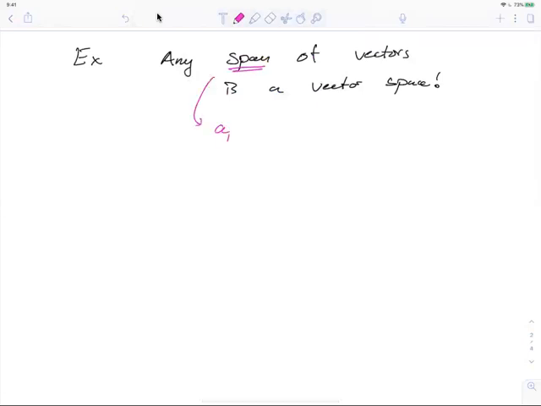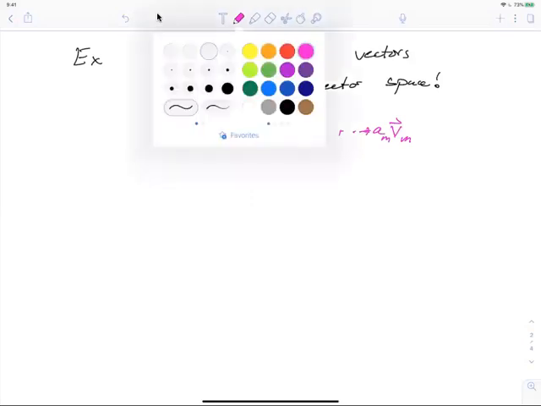I can take A1 V1 plus A2 V2, and so on. If I have any vectors, then any combination of them, any sum of multiples of them is going to be in the span. So algebraically, anything in the grid of vectors looks like this. It's in the span. And this creates a vector space.